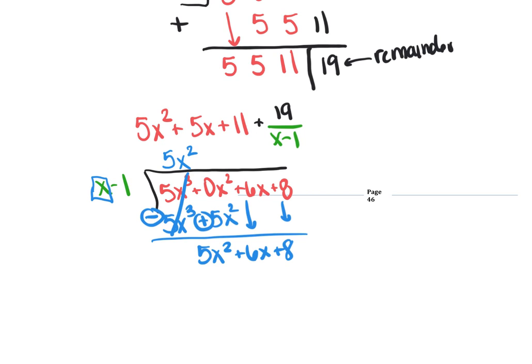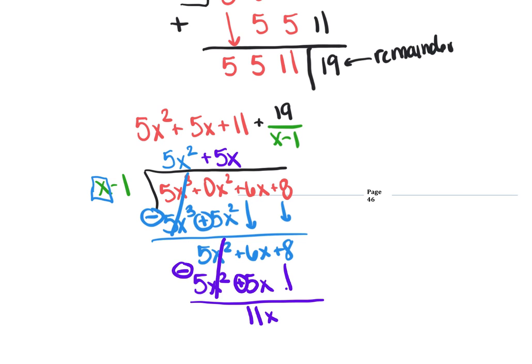My next one says, again, make this x look like this 5x squared, so I need to multiply that by a 5x. 5x times x is 5x squared. 5x times -1 is a -5x. Again, change your signs. Minus, that's a plus, cancels. 6x plus 5x is 11x. Bring this down.